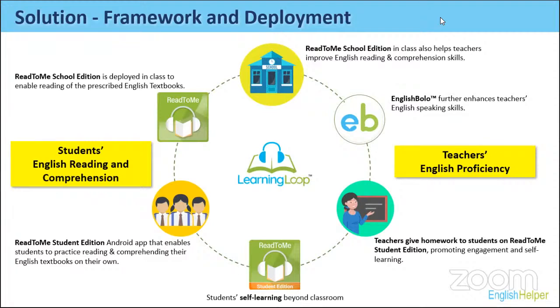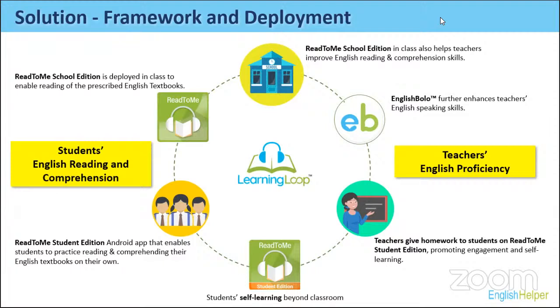In the classroom, ReadToMe School Edition enables reading of the English textbooks and helps students improve reading and comprehension. After every ReadToMe enabled class, teachers give homework to students on ReadToMe Student Edition to practice what has been covered in the class.